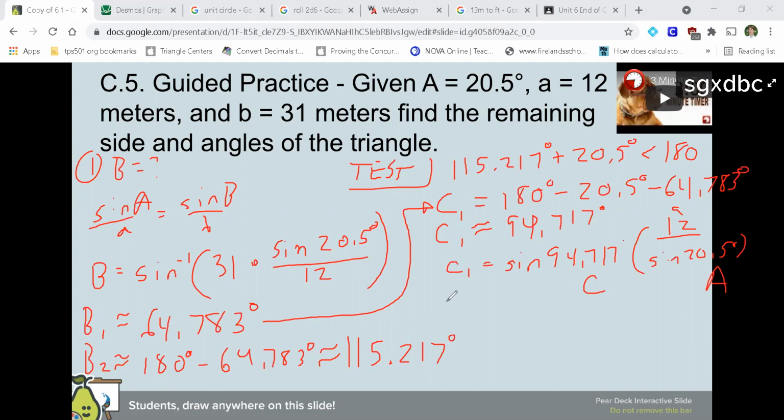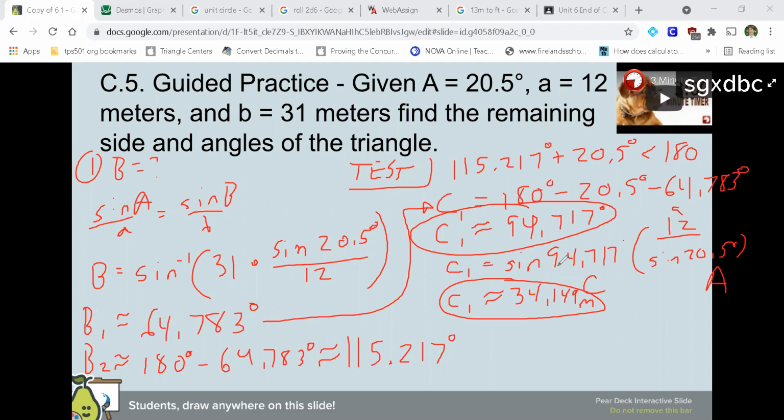Remember, it's C over sine of C, so we multiply by the sine of C, and we multiply that by the ratio of A over sine of A. Type that into the calculator. You get 34.149 meters. So that's my first option for my triangle.